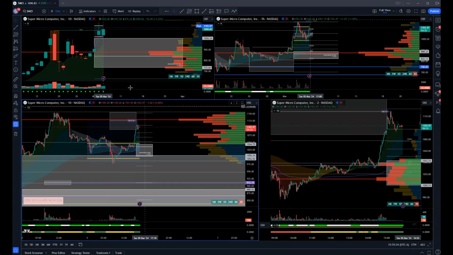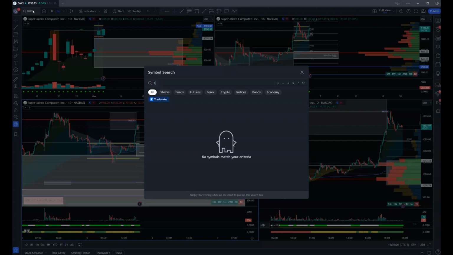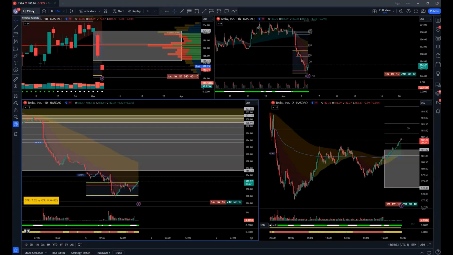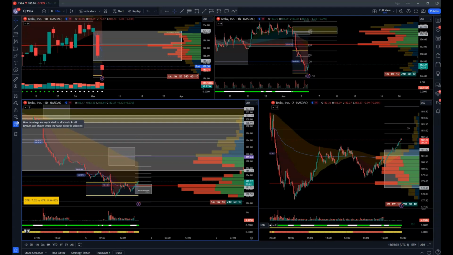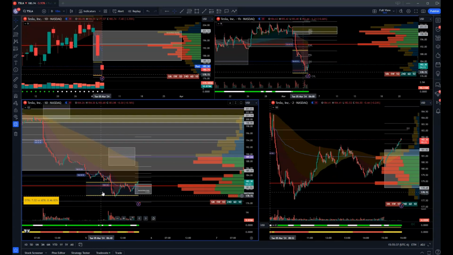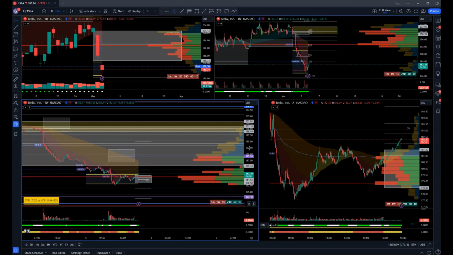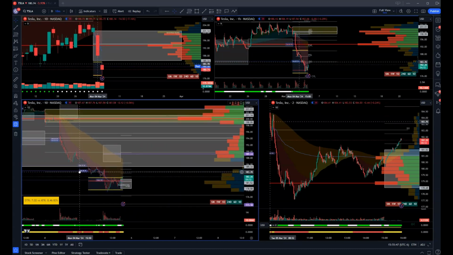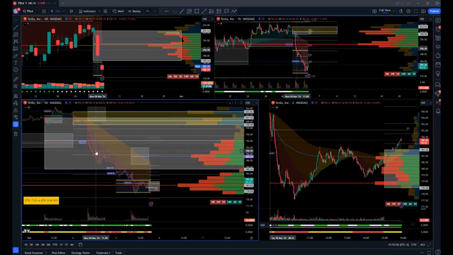All right, and then finally, let's go to Tesla. So we've got Tesla, and much like the rest of the market, it was down, but unlike the rest of the market, it hasn't been performing very well. If you look at the profile, it's much different than the indexes.